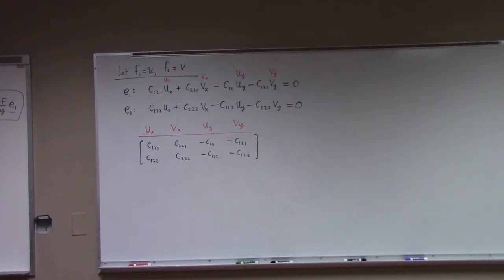He claims, and I don't think this is wrong, that if we do elementary row operations to this system, it takes us to a new system of partial differential equations which is equivalent to the given one in the sense that it has the same solution set.